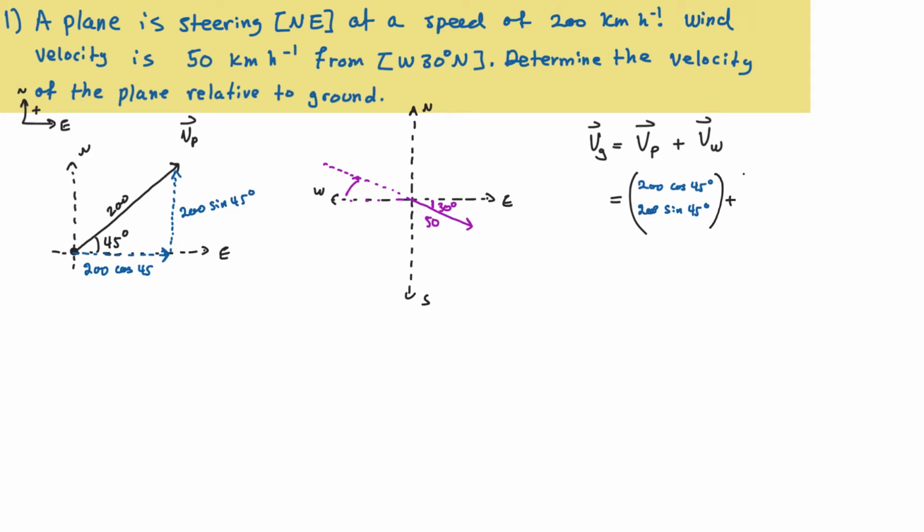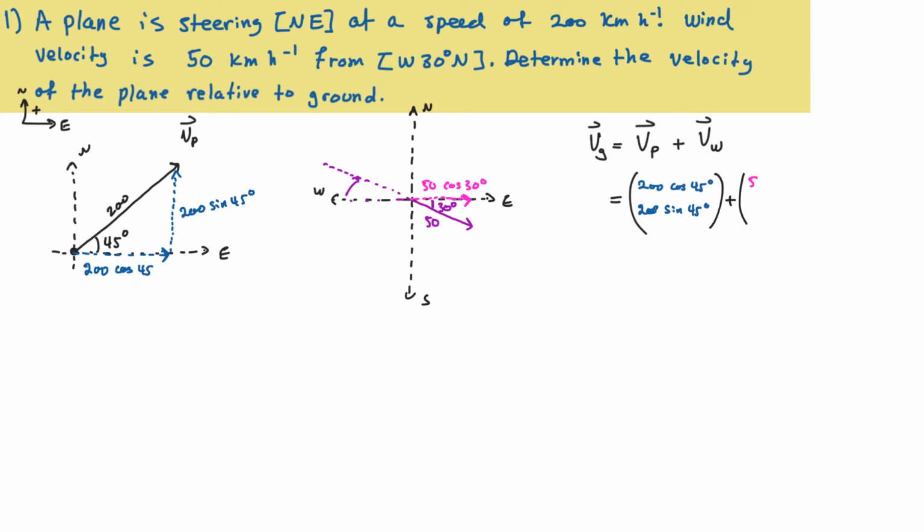For our wind, it's also going to have an x and y component. For the x component, it's going in the positive x direction, or in the east direction, and this side is adjacent to the angle, so it's going to be 50 cosine of 30 degrees.